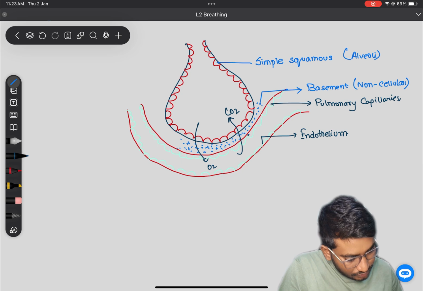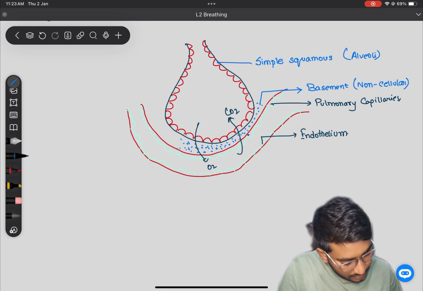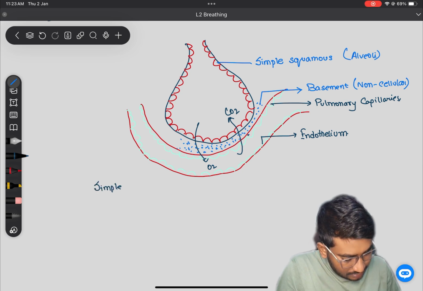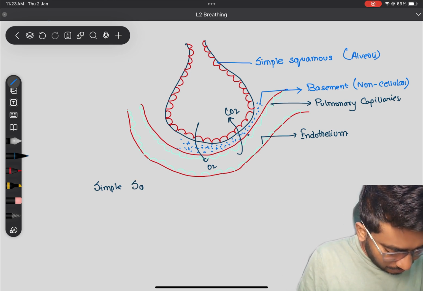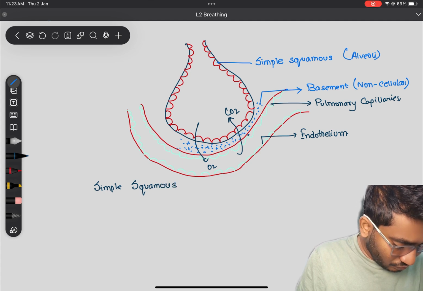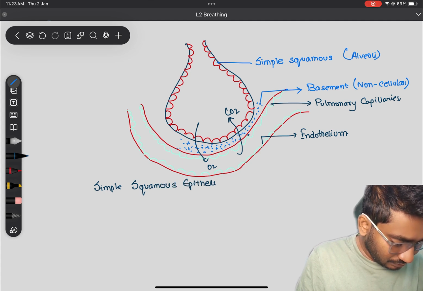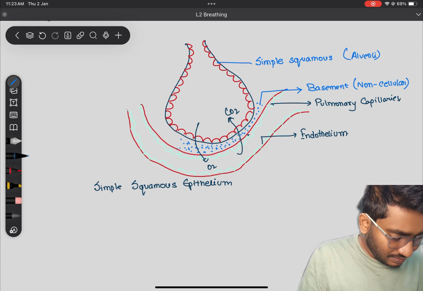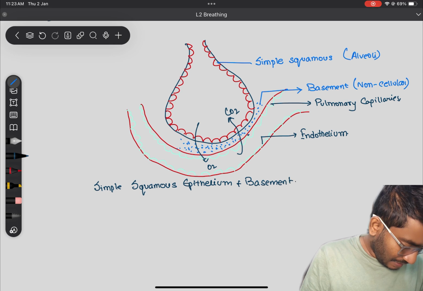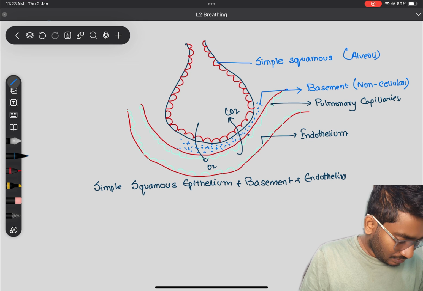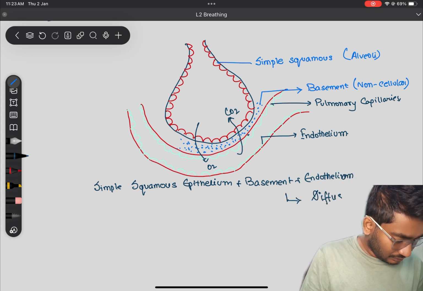From the simple squamous epithelium to the endothelium: simple squamous epithelium, basement plus endothelium is called diffusion boundary.